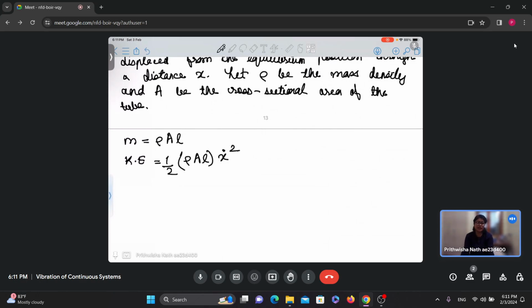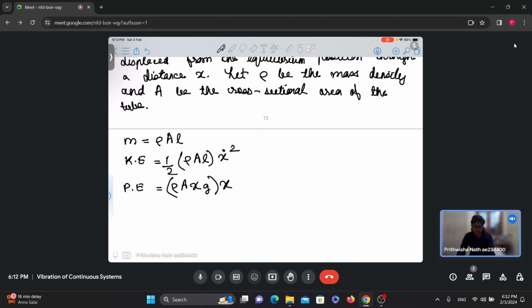Similarly, how can I write the potential energy? Potential energy can be written as rho into A into x into g into x. So what is the total energy for the system? The total energy of the system is kinetic energy plus potential energy, and that remains constant.